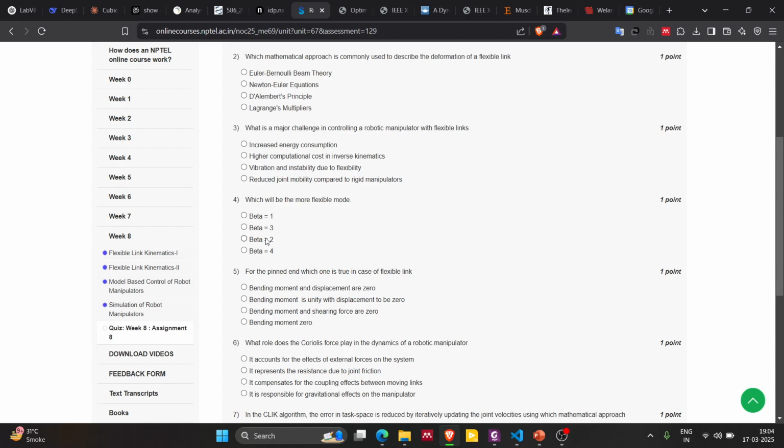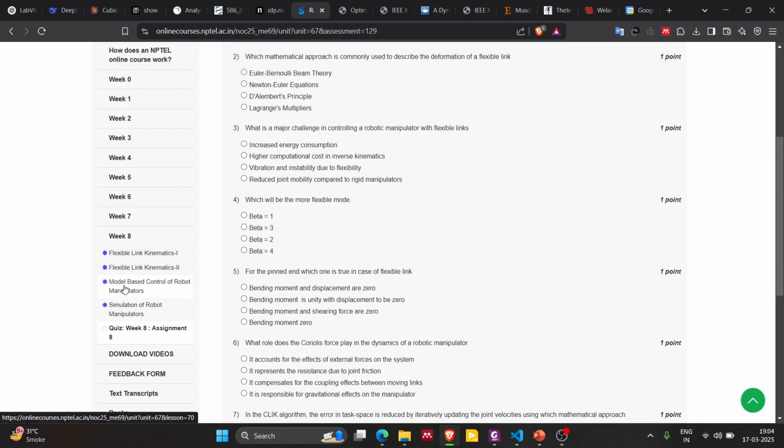He also showed us how to simulate those robotic conditions, like how to use MATLAB to see how your joint is moving. So that is what the week is about.